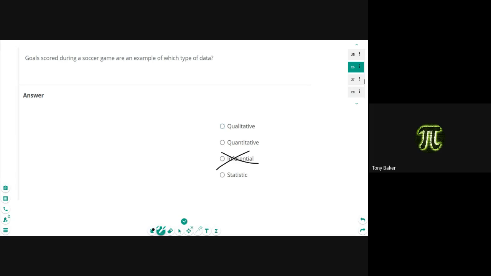Does the ratio have meaning, though? If I scored 4 goals and you scored 2 goals, I scored twice as many goals. Does that statement make sense? Yeah. So this actually could technically be ratio. And now you can start to see where it can get a little iffy, right? So yes, interval is absolutely correct. However, to be more correct, it would be ratio. Okay.